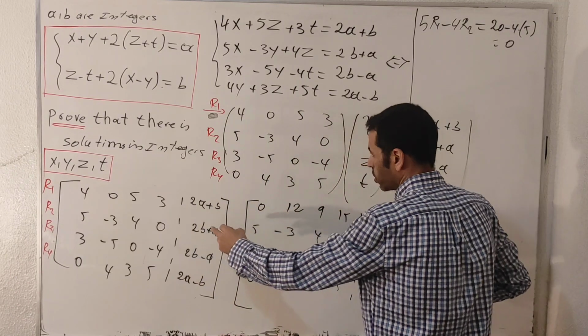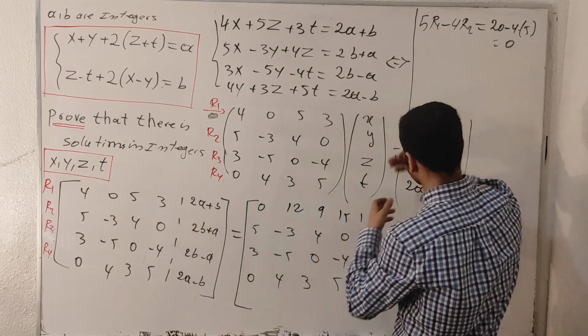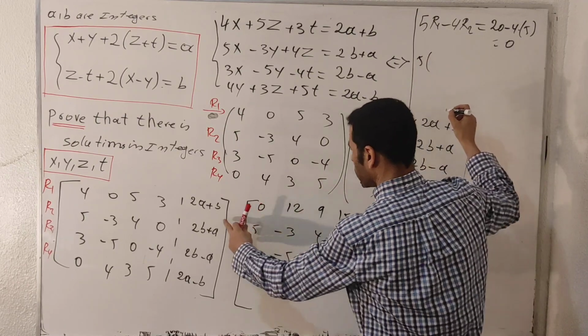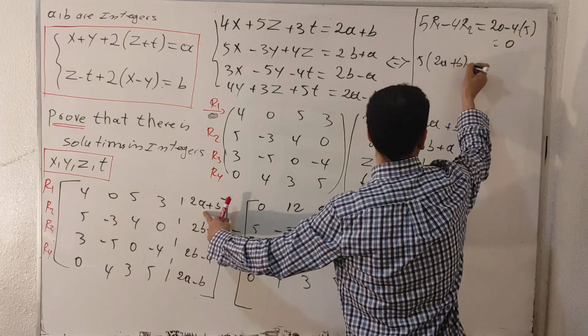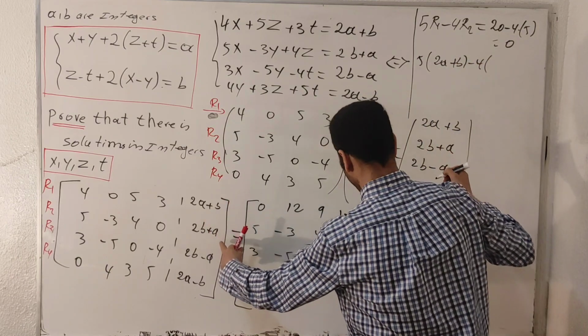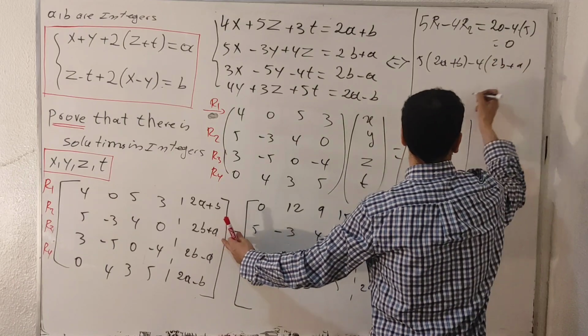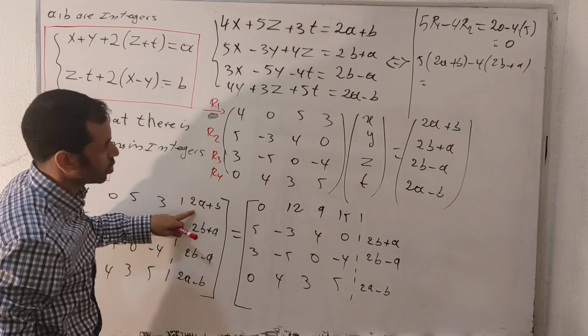Now, multiplying the first row by 5, I will have 5 multiplied by 2a plus b, minus 4 multiplied by the second row, which is 2b plus a. As I'm changing this row, I have to change the same entry as well.